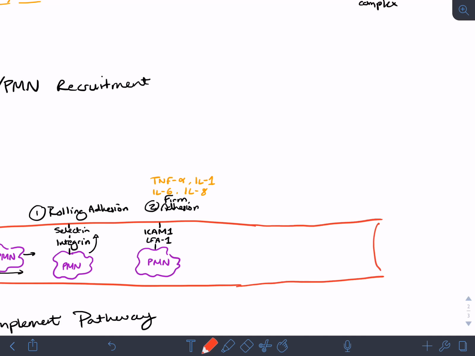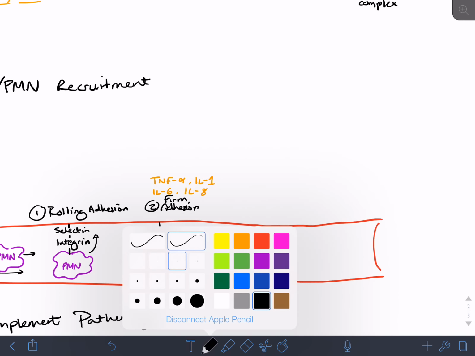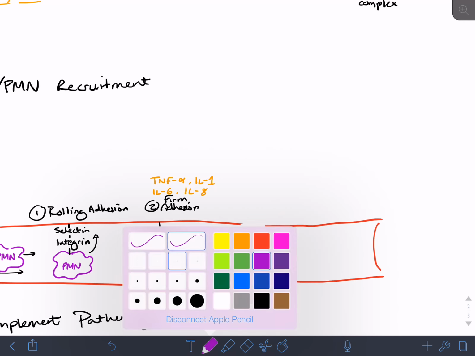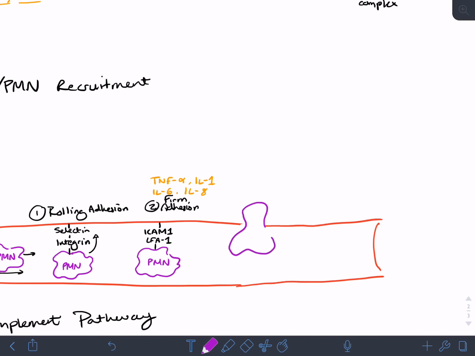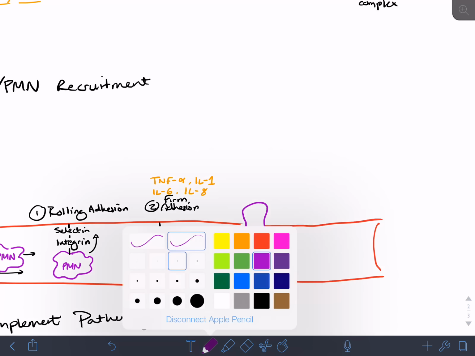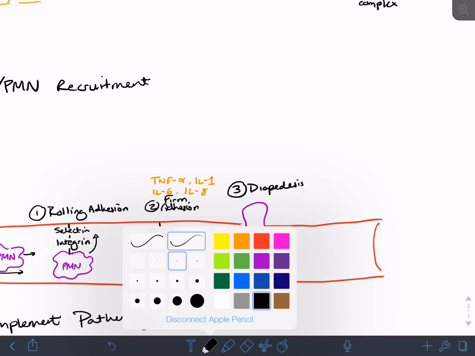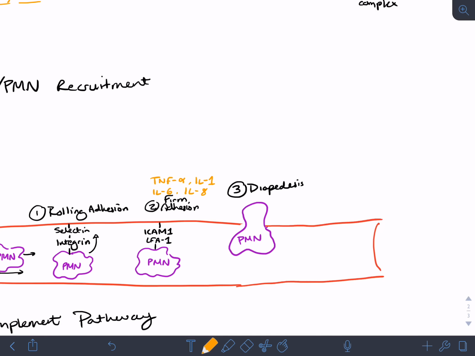So after firm adhesion, you're going to get little holes in your vessel wall, and then your neutrophils are going to squeeze through here. This process is called diapedesis. So, step 3, diapedesis, and this is caused by your anaphylatoxins, C3a, C5a, and also histamines.